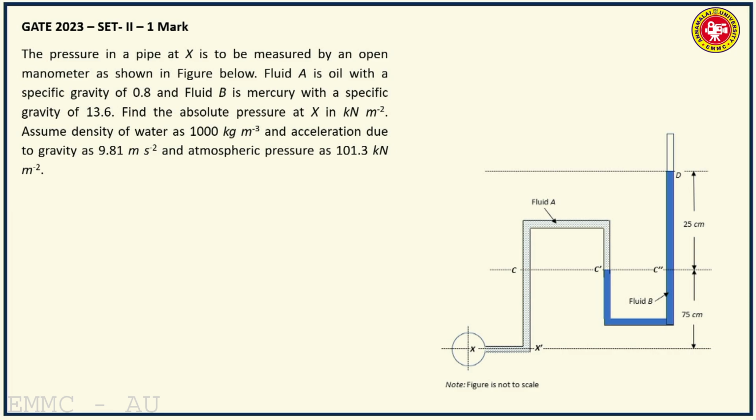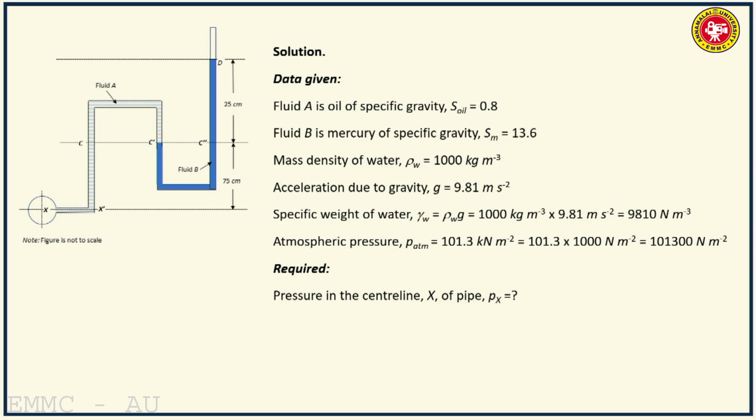Find the absolute pressure at X in kilonewton per meter square. Assume density of water as 1000 kilogram per meter cube and acceleration due to gravity 9.81 meter per second square, and atmospheric pressure as this much, 101.3 kilonewton per meter square. The fluid A is oil of specific gravity 0.8.